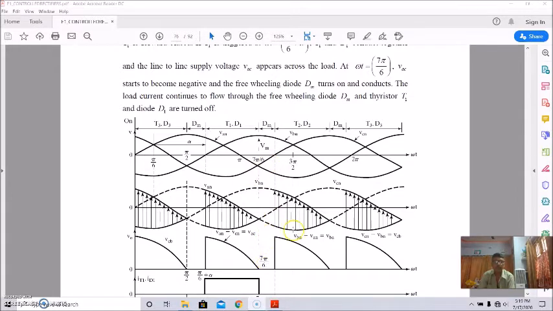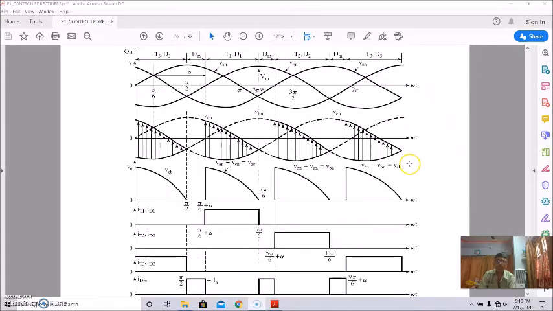From 7 pi by 6 up to this time, the freewheeling diode is in operation, and again the process is repeated: thyristor 2 and diode 2, then the freewheeling diode, then thyristor T3 and D3, then again the freewheeling diode.